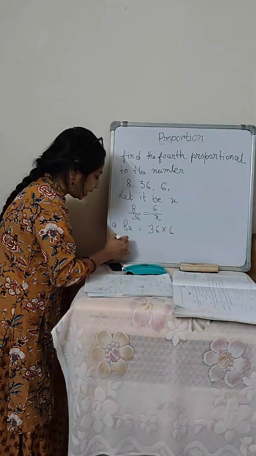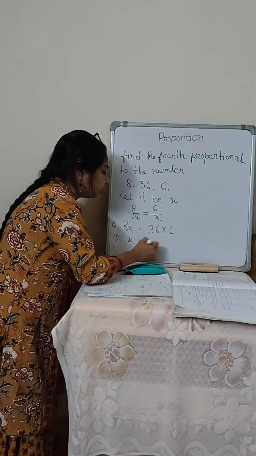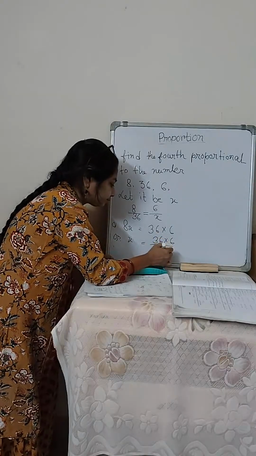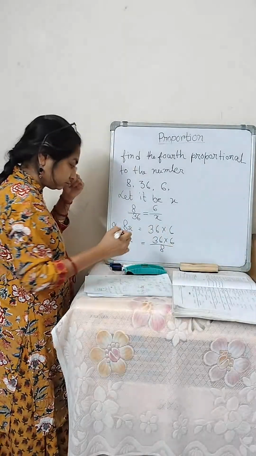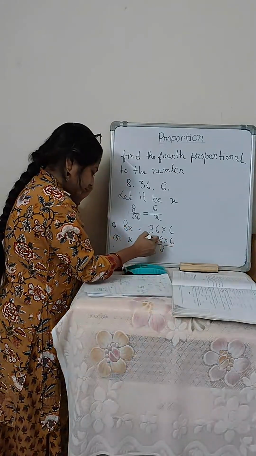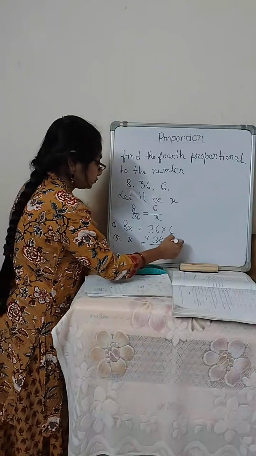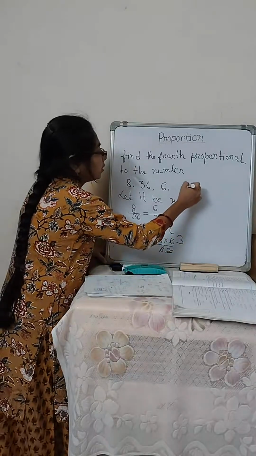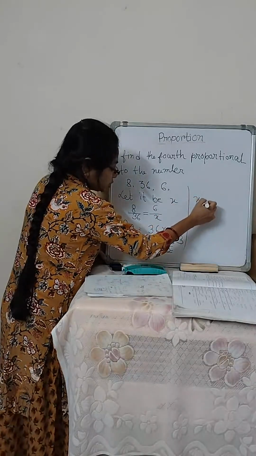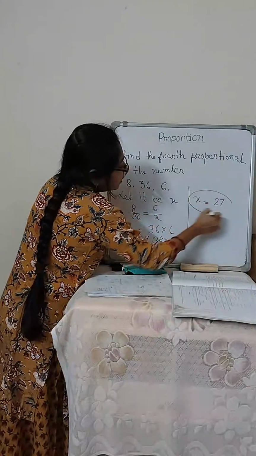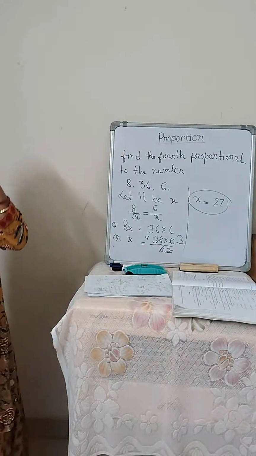Now find out the x. 8. Who can do it? Please do it alone. x is equal to 27. x is equal to 27.